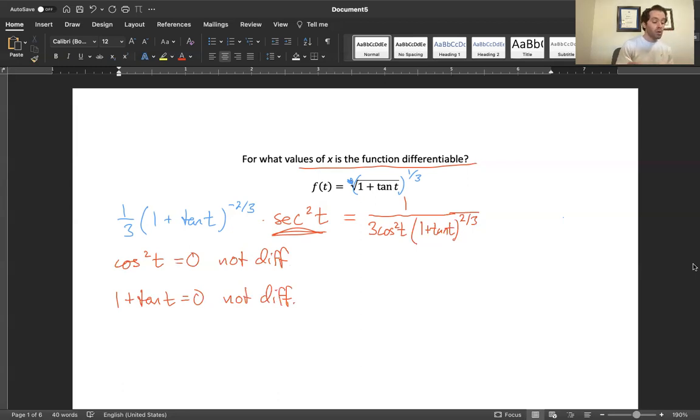Cosine squared of t will be 0 whenever cosine is 0. So cosine is 0. Think about your unit circle. Cosine is 0 at the points where the x-coordinate is 0, there and there.